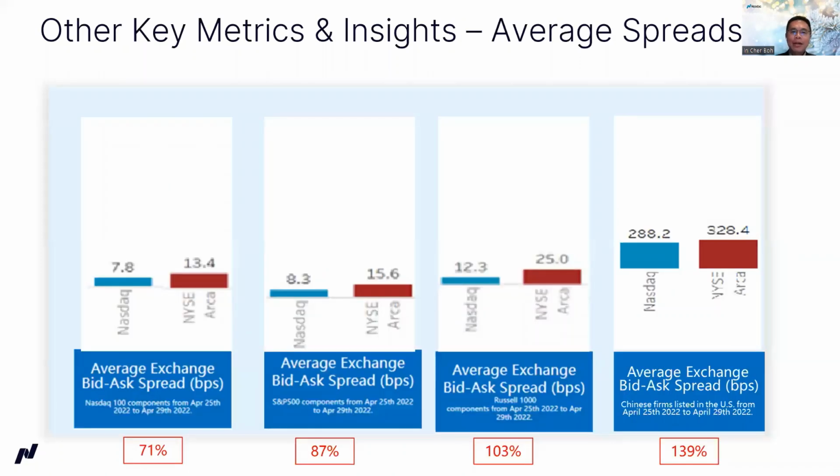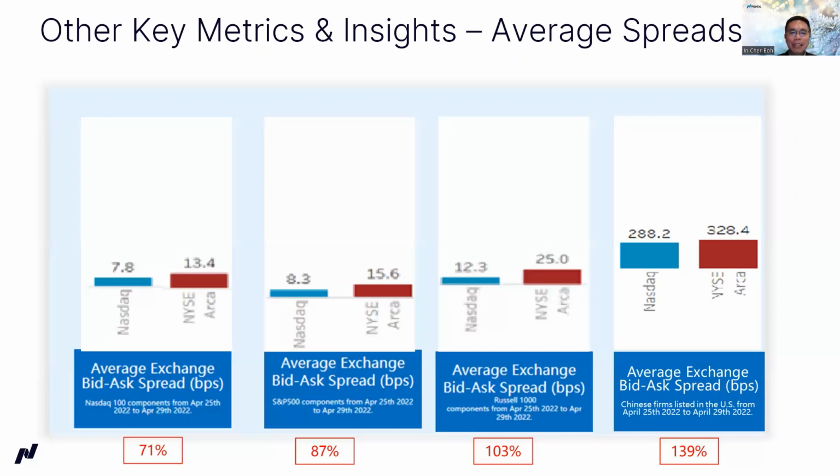During part 1, I shared about the spreads of the Russell 1000 component stocks. In this slide, I've included the average spreads of Nasdaq 100 component stocks, S&P 100 component stocks, and the Chinese listed stocks in the US market. As you can see from the slide, for each of the other 3 component groups, the average spreads exhibited on the Nasdaq trading system are tighter than those from NYSE Arca.